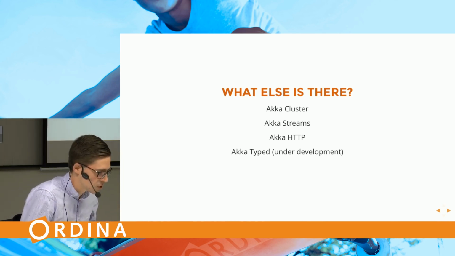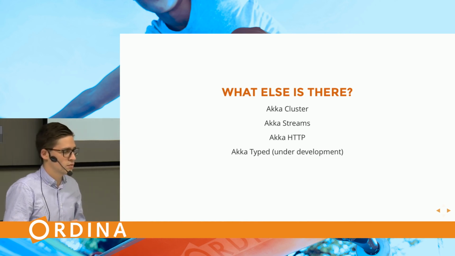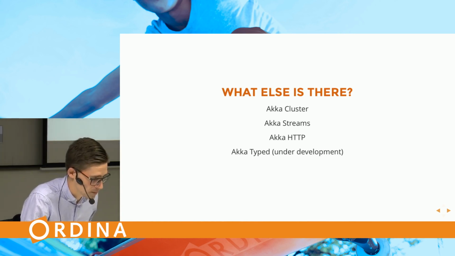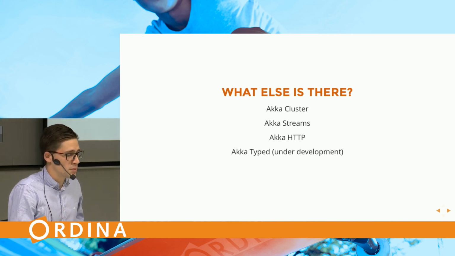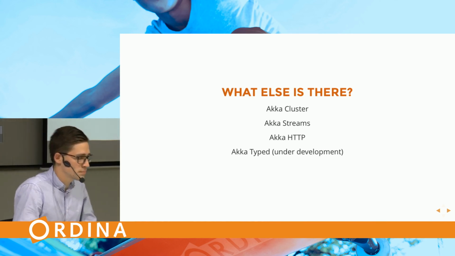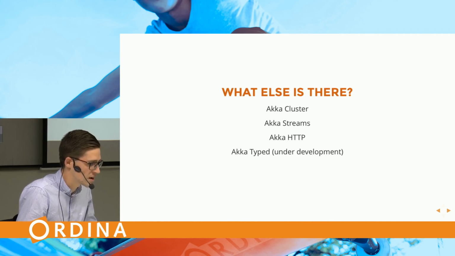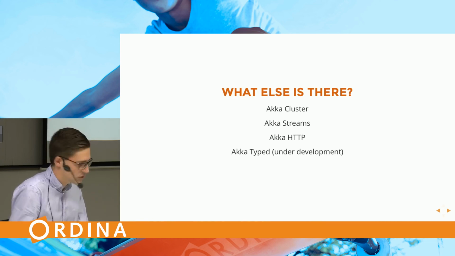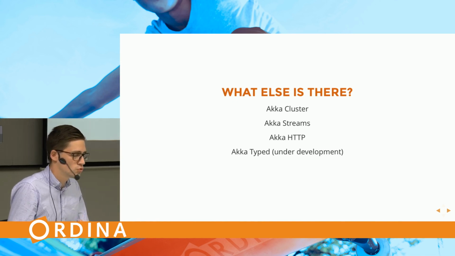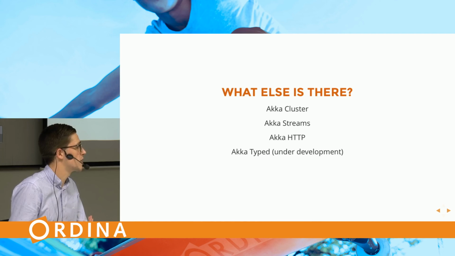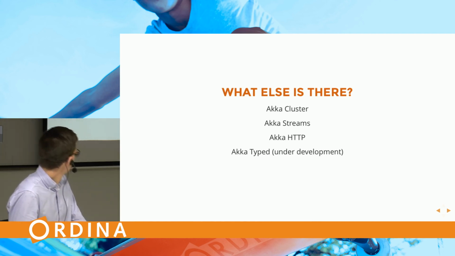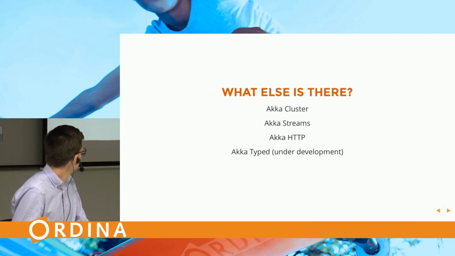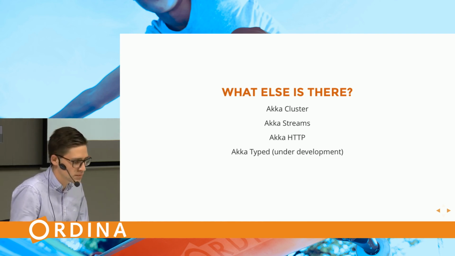Then there are also other dependencies: fault-tolerant peer-to-peer based cluster membership services using Akka cluster right here. You have Akka streams for stream processing. Then you also have Akka HTTP, an actor-based toolkit for interacting with web services and clients. And the fourth one is a rather interesting one, Akka typed, which is still under development.